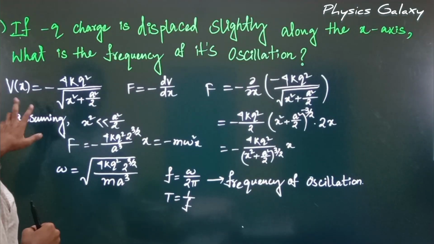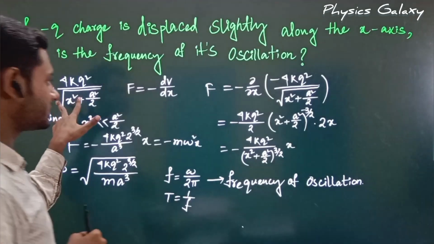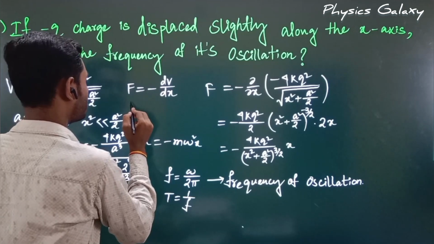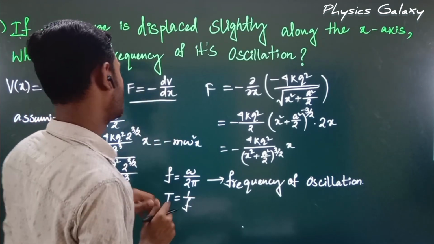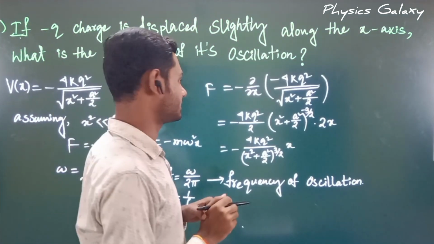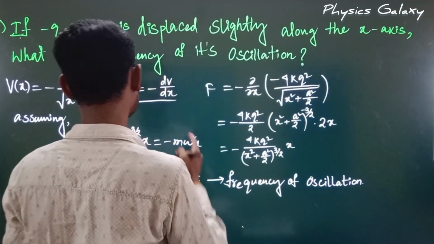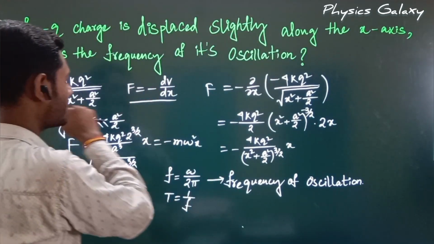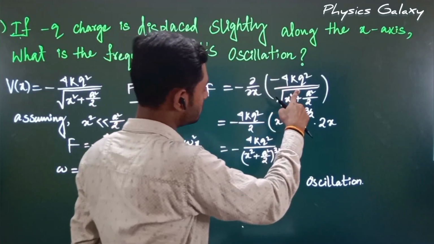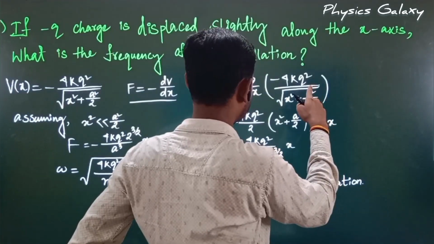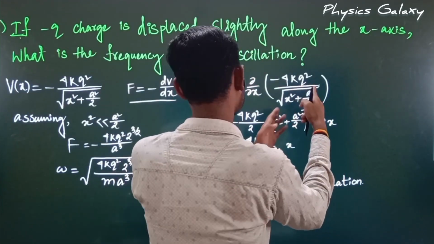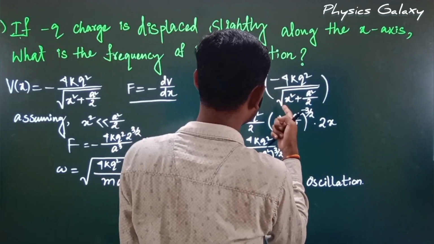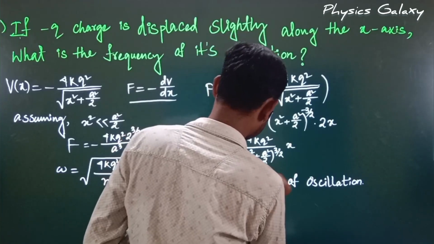So this is the potential energy we have for this system, and we know the force is equal to minus dV/dx. Now if we take the derivative of this potential, we can get the force. So we have this potential energy and the derivative of this, and we get this answer.